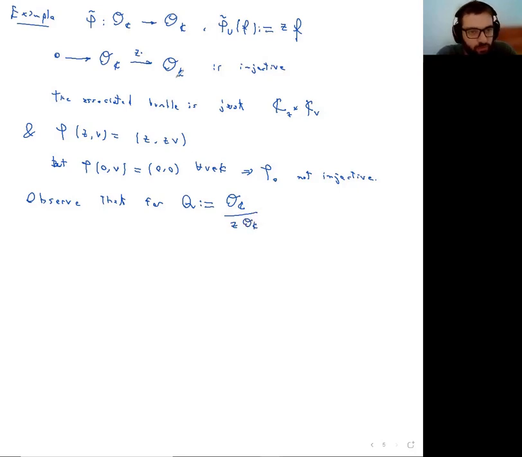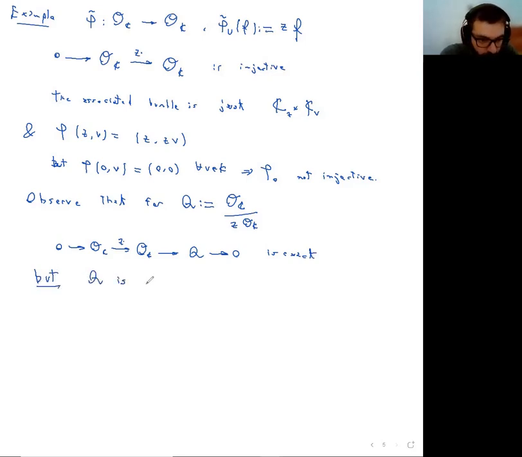The idea is that if you try to complete the exact sequence, you have this first map, you have 0, module, module, and then you put the quotient module and then the 0. So you're trying to complete this exact sequence. We complete it. This is exact, but, and this is the big one, Q is not locally free.